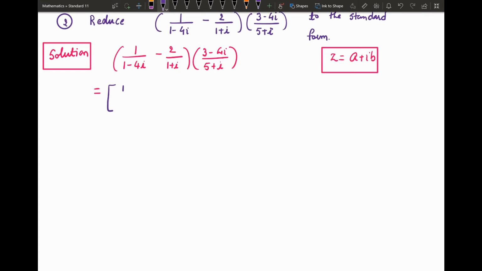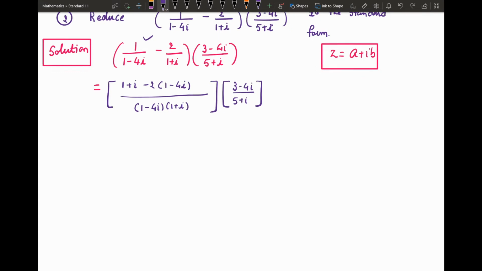So first it is better, let us take LCM. So LCM 1 minus 4i into 1 plus i, this is 1 plus i minus 2 into 1 minus 4i, then 3 minus 4i upon 5 plus i. So in the first bracket simply we have taken LCM 1 minus 4i into 1 plus i.